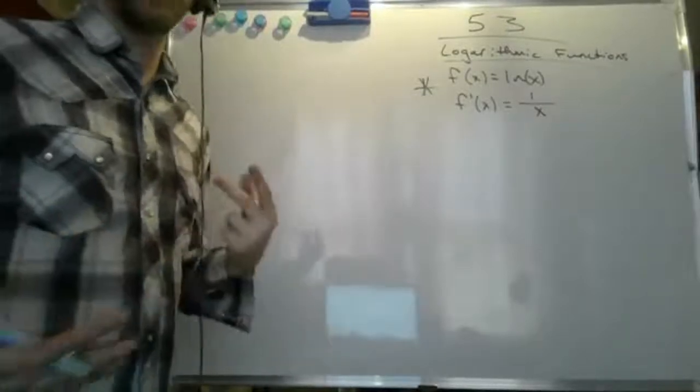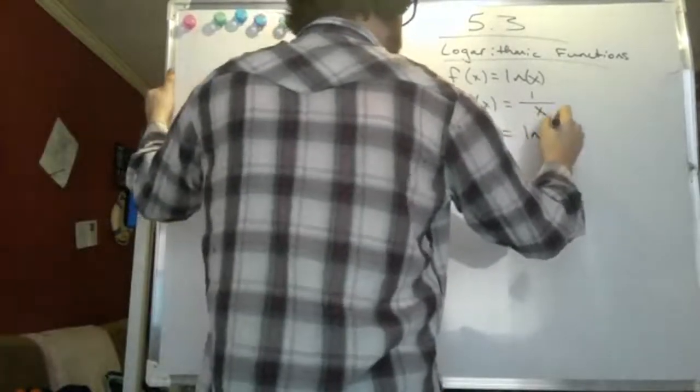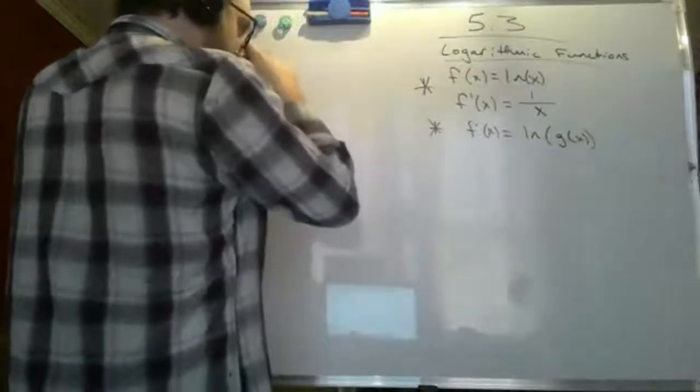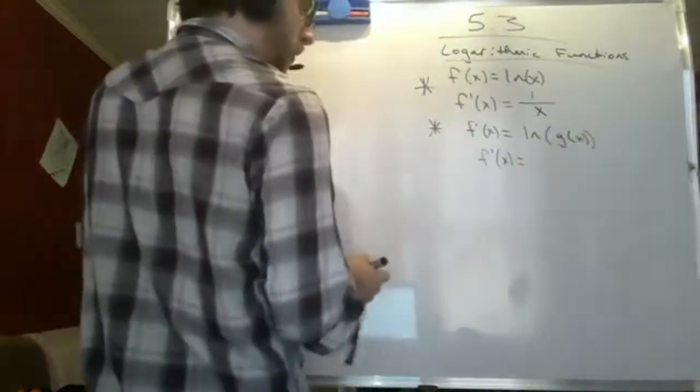And so what else can we do with this? Well, we can take a step further, and suppose we have f of x, which is the natural log of some function of x on the inside. Then in this case, we can apply the chain rule that we learned previously. What does the chain rule say? Well, you take the derivative of the outermost part first.